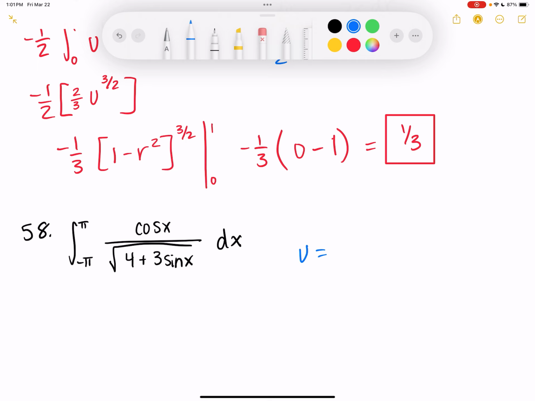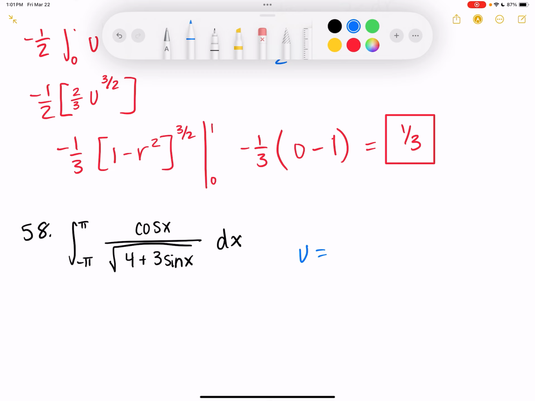You saying just 4 or like that whole piece? Well, if it's sine, the derivative of that is cosine. Well, what's the derivative of 4? Is that going to help me? Wait, should it just be sine x or should it be 4 plus 3 sine x?